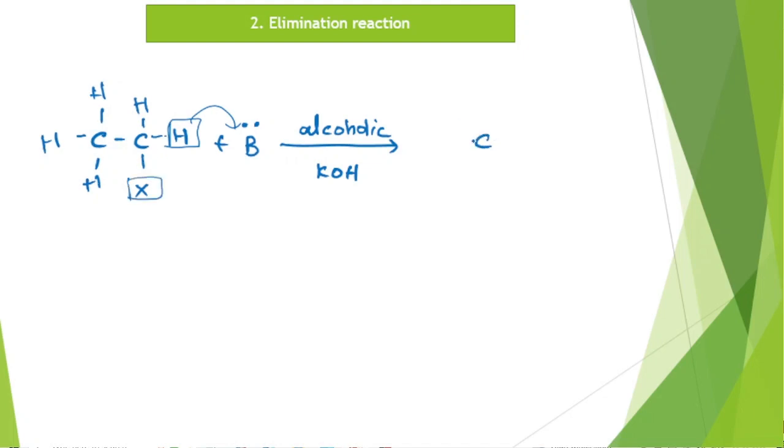This carbon will have one hydrogen, and here the double bonded carbon system will be formed, and the other carbon will have two hydrogens. This carbon has two hydrogens, and this carbon has only one hydrogen with the double bond formed, plus HBr will be going out, plus X minus will be coming out.